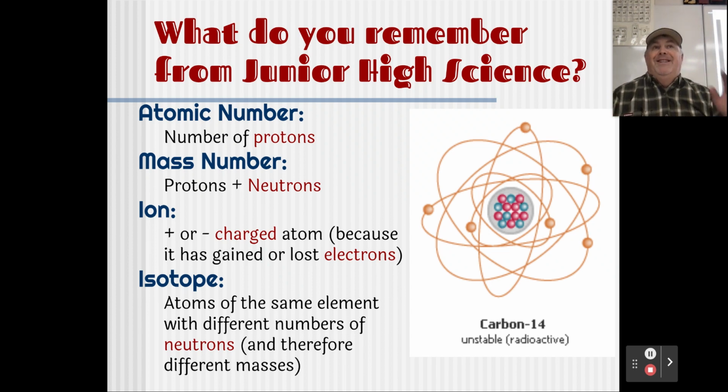So instead of 6 neutrons, which carbon 12 has, carbon 14 has 8. So 8 plus 6 protons and neutrons is a total of 14, whereas carbon 12 has 6 protons and 6 neutrons, or a total of 12, which would be the mass. So an isotope has just these varying forms, and we've seen it before.